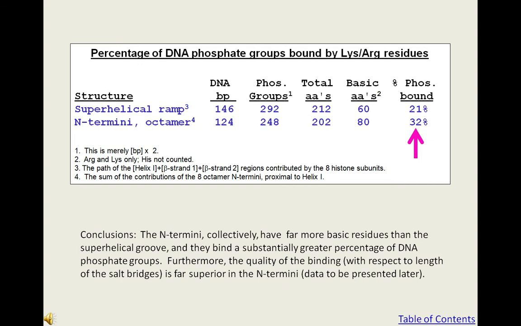Ask yourselves this anthropomorphic question. What reason would DNA have to be entropically content to dwell in the superhelical ramp, where only 21% of its negative charges are neutralized, and only partially so at best, when it can dwell instead in the N-termini of the octamer, where 32% of its negative charges can be neutralized, and perfectly so?